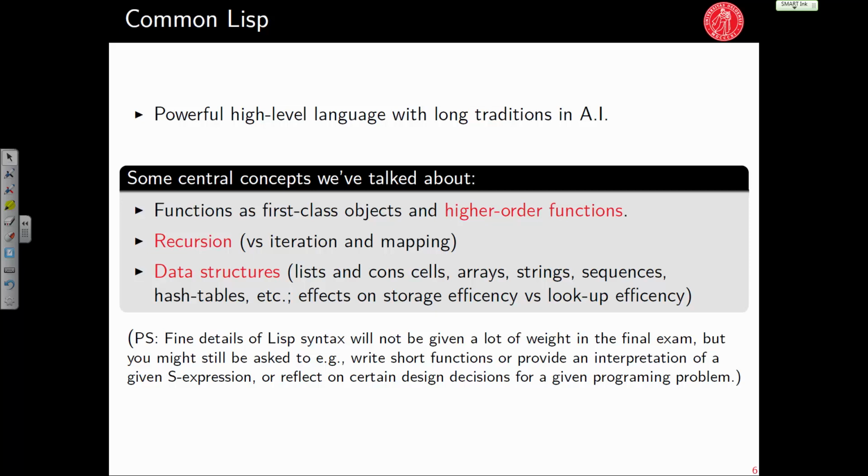Just a quick reminder: we said that Lisp is a functional programming language. We didn't follow a pure functional programming paradigm, in the sense that we allowed our functions to have side effects. We didn't limit ourselves to recursion, etc. But we all know by now that functions are treated as first-class citizens or objects in Lisp.